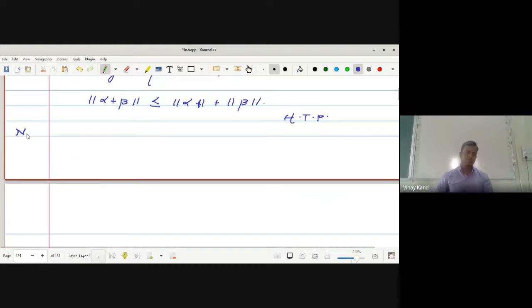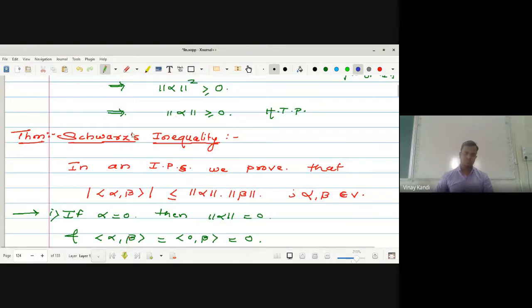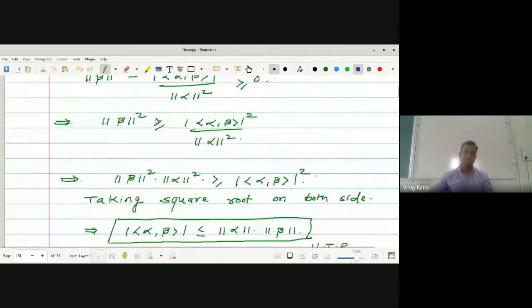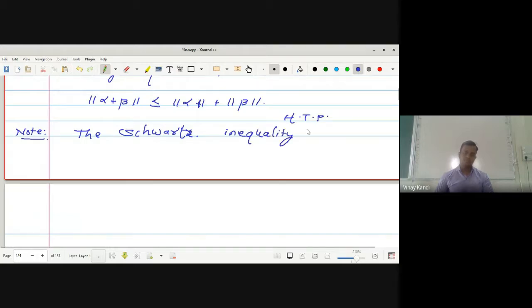So what is the note? Schwarz's inequality becomes equality if and only if alpha and beta are linearly dependent.